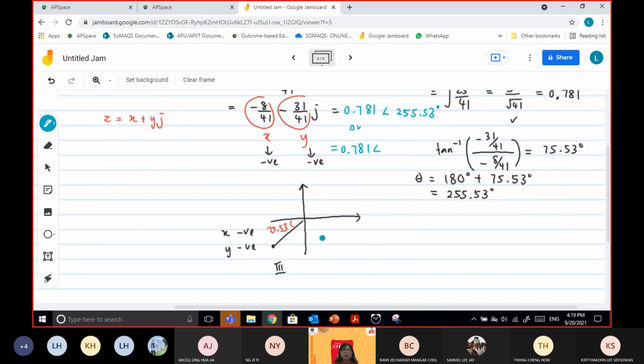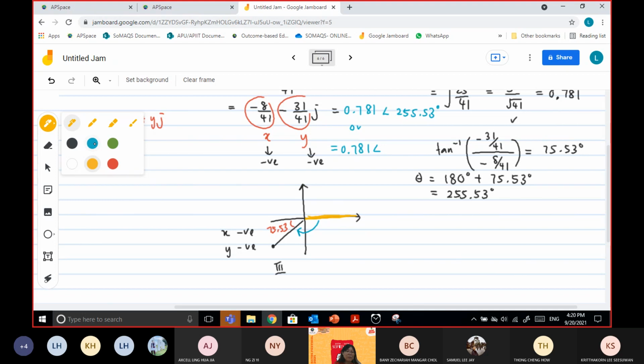Principal value. So when it comes to the third quadrant, we represent our angle as a negative angle. In order to get this angle, remember we always measure our angle from the positive x-axis.